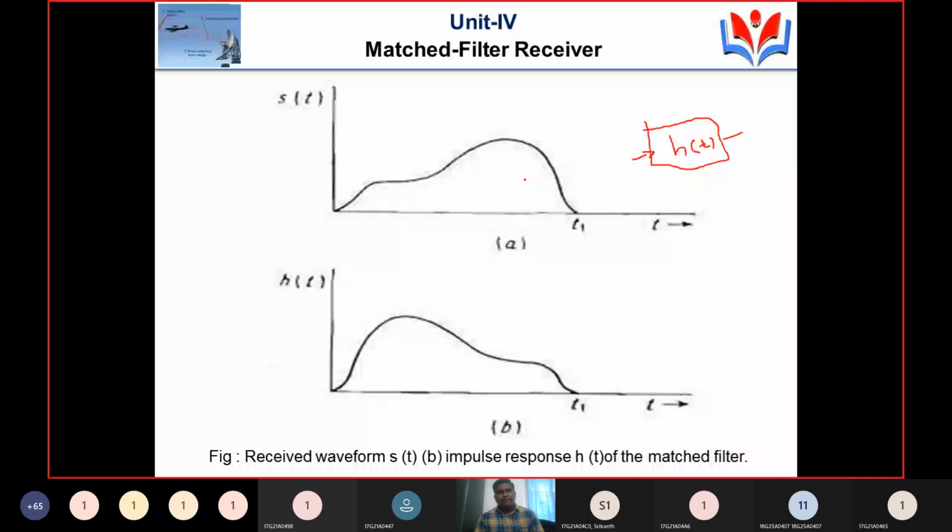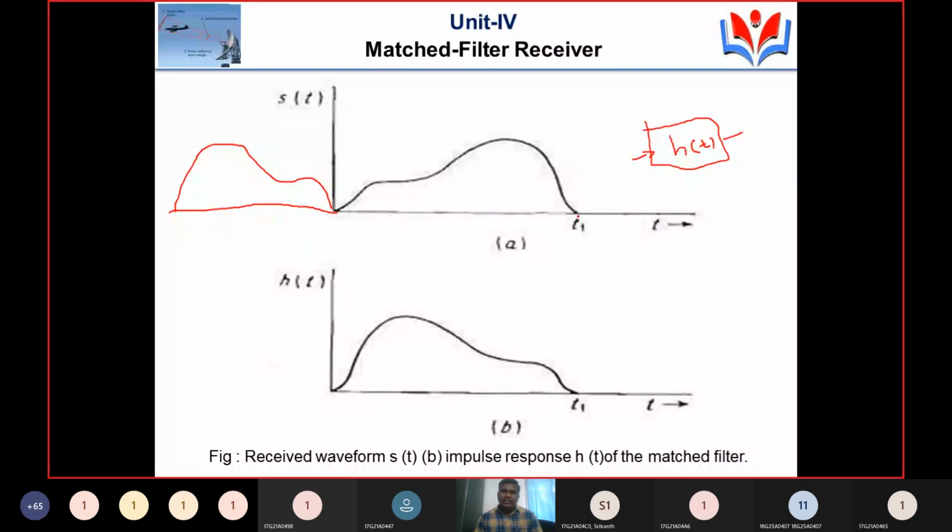We take this h of t over here and move it to the right side. As we move, we take the common area between them, till it leaves the entire signal. The correlation is maximum when it reaches T1. It is maximum at T1. This is the matched filter.